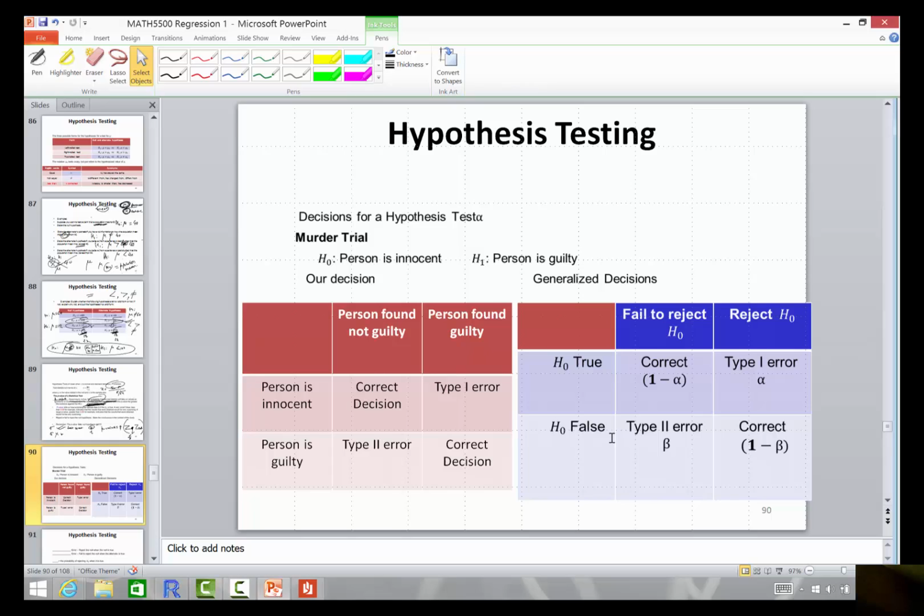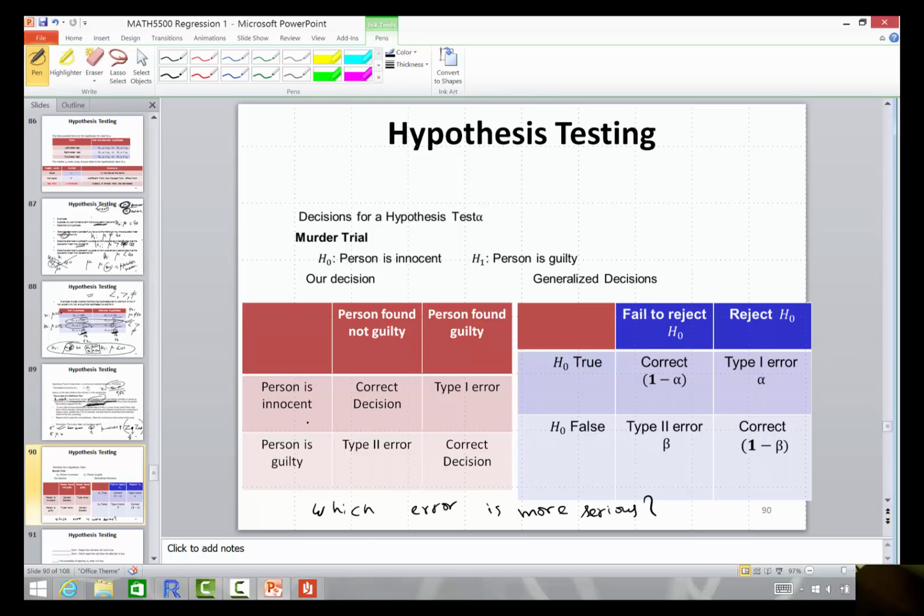In this example, which one is more serious? Which error is more serious?